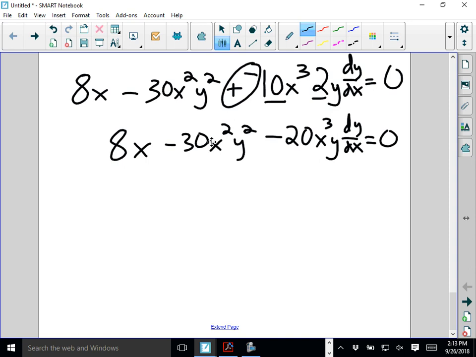Notice that the 8x and the minus 30x squared y squared don't have a dy dx in them, so I'm going to move them to the other side. I'm going to subtract 8x, and I'm going to add 30x squared y squared. So I'm left with this.